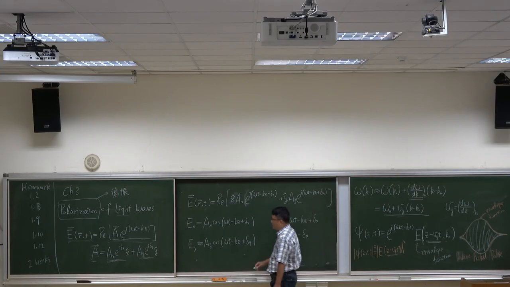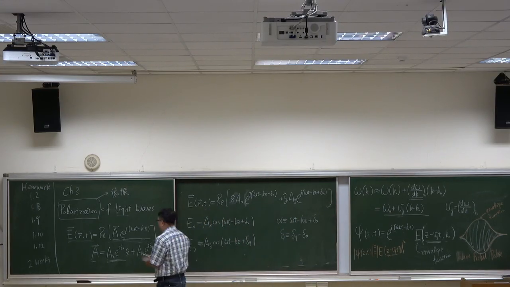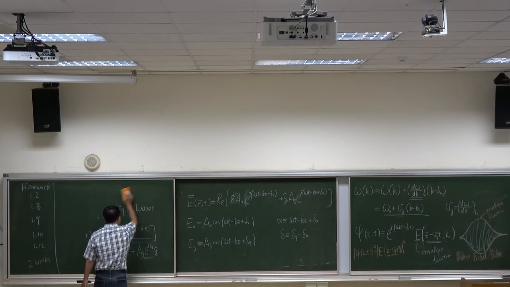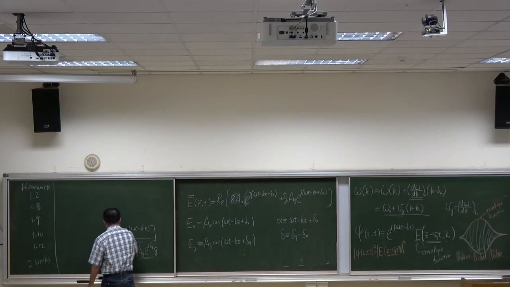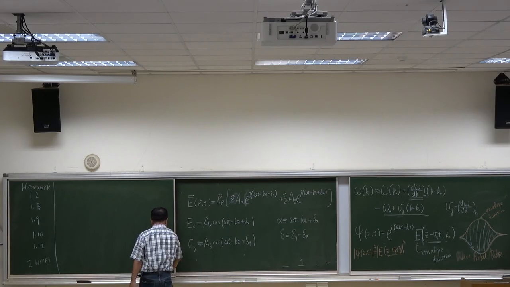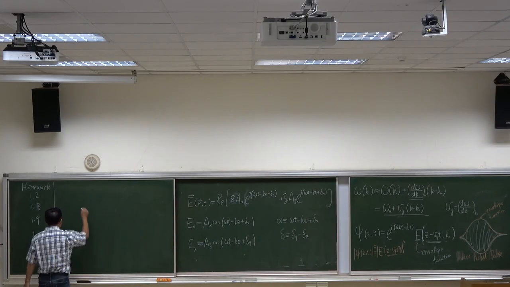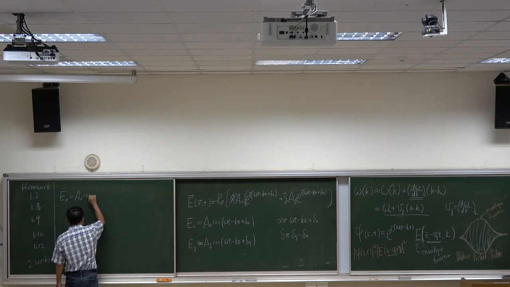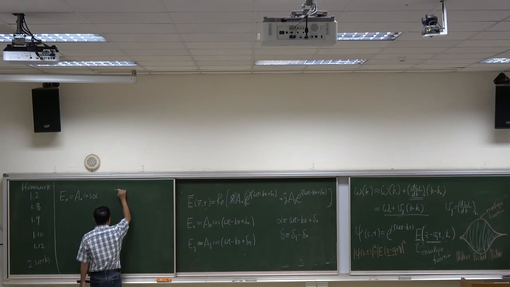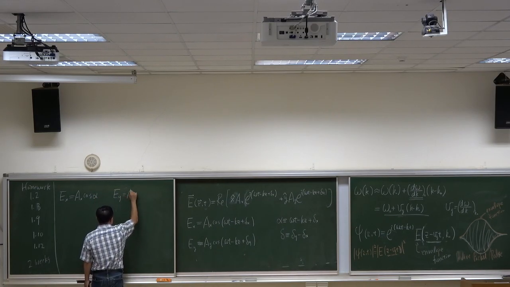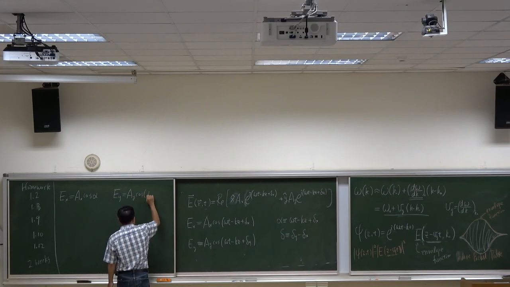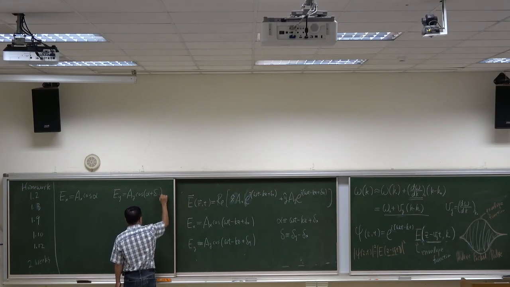So I can write Ex as Ax cosine alpha, and Ey as Ay cosine(alpha plus delta).